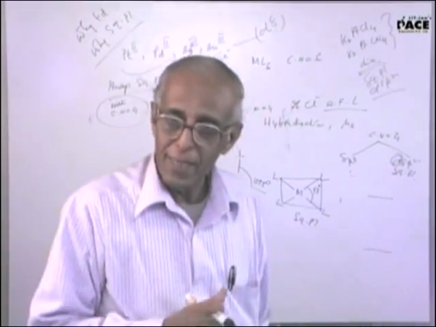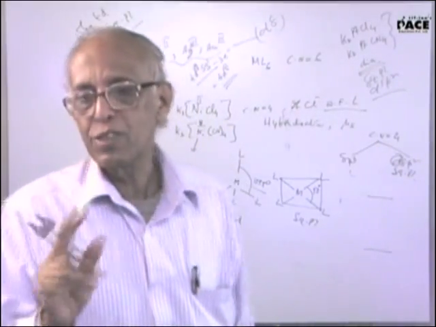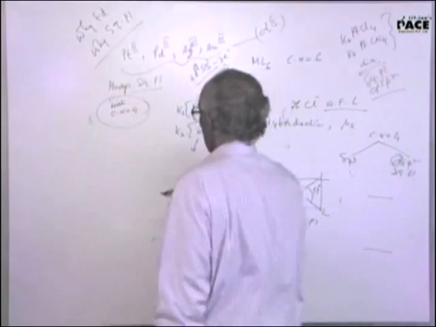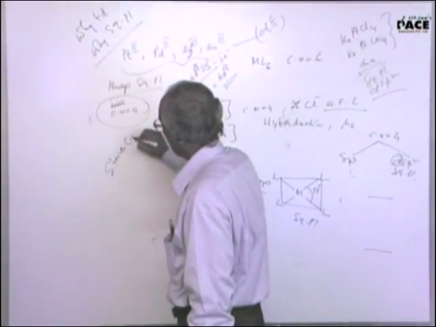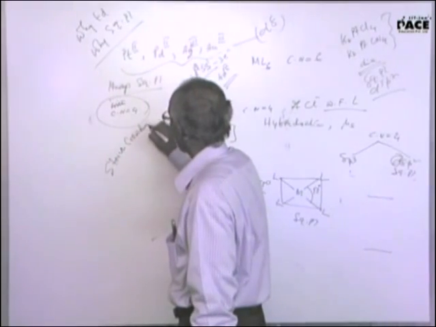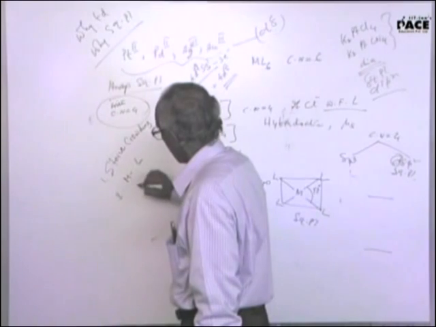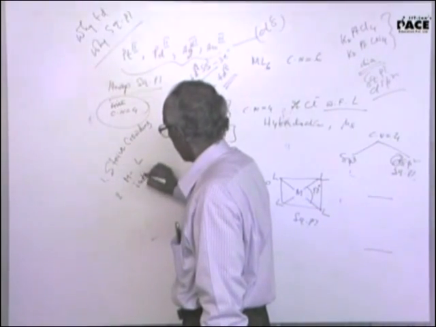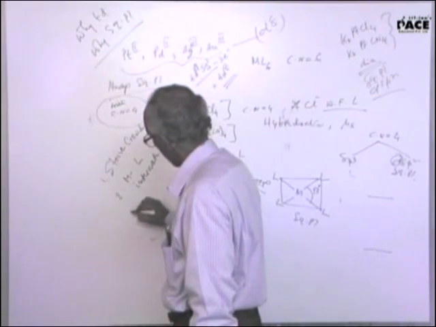In a square planar. So there are two things to be considered. One is steric crowding, and second is metal-ligand interaction, the strength of the metal-ligand interaction.